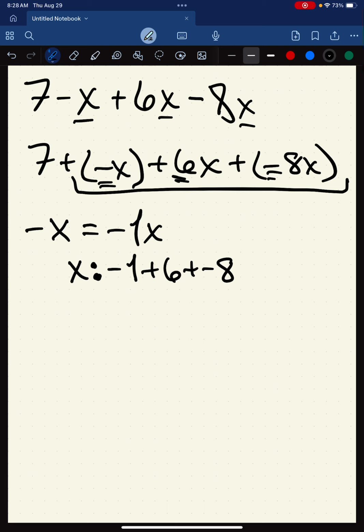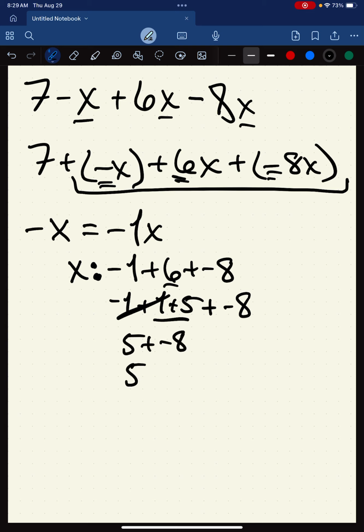Well, negative 1 plus 6 is going to be negative 1 plus 1 plus 5, right? Because 1 plus 5 is 6. And then we're going to add negative 8. Negative 1 plus 1, that cancels out to 0, and we're left with 5 plus negative 8, which is the same thing as 5 plus negative 5 plus negative 3, right?